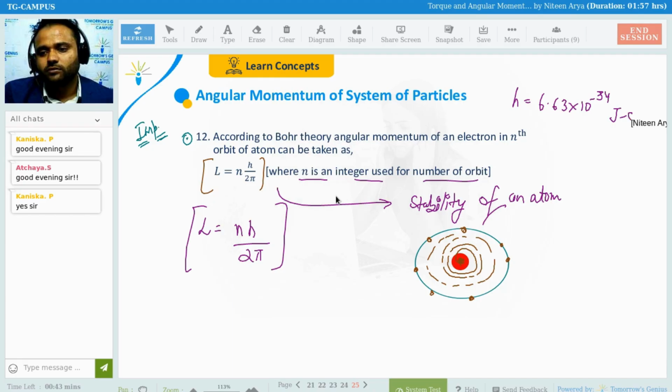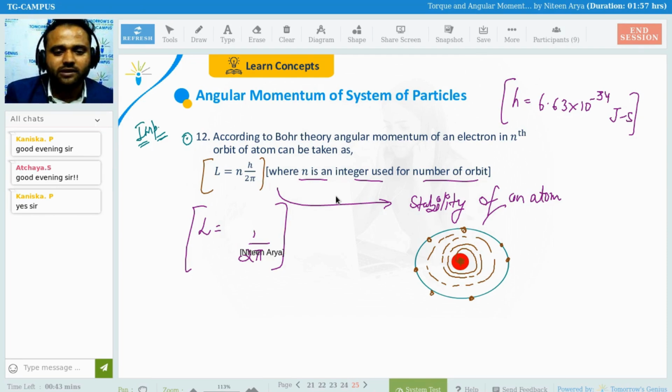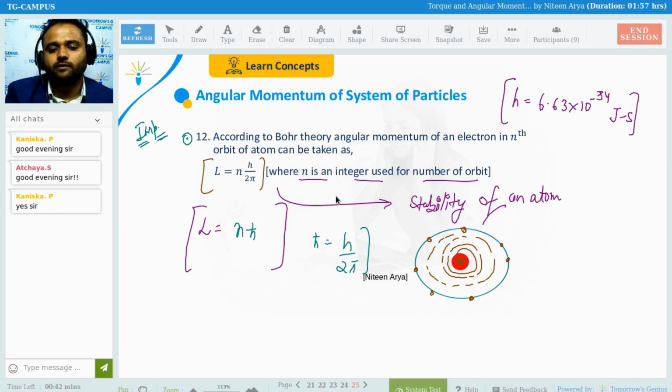That is the unit also. So n h cut, where h cut is nothing but h upon 2 pi, Planck's constant upon 2 pi. Okay, so that is the story of this simple thing.